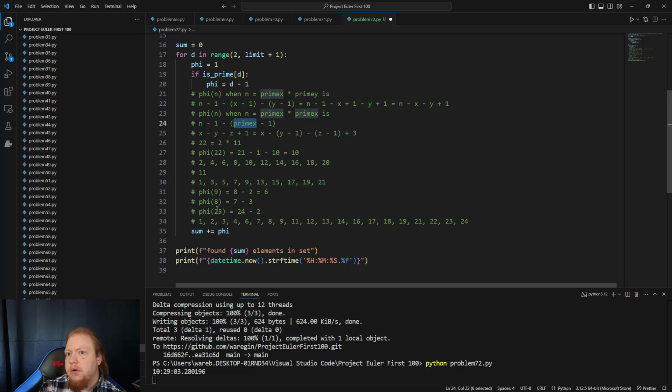So for 25, that means it would be 25 minus 5, which is 20, which is in fact what we see because it's all the numbers below 25 except for 5, 10, 15, and 20. Just 4 numbers. So 20.